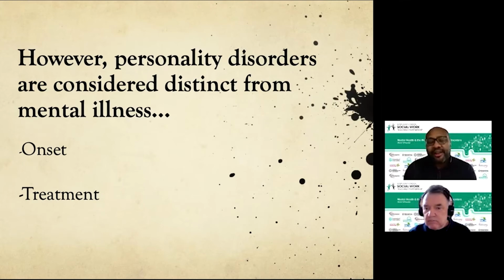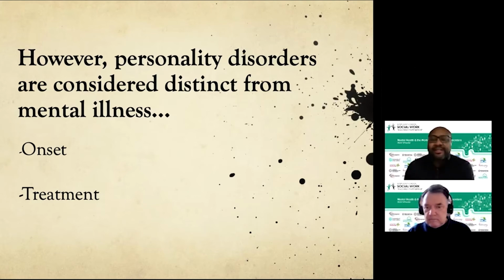I'm using psychiatric and mental illnesses here interchangeably. Psychiatric illnesses are seen as having a biological etiology, which is why more often than not they're treated with medication. Their medication needs to be managed. Therapy is sometimes an aside to that or a complement.